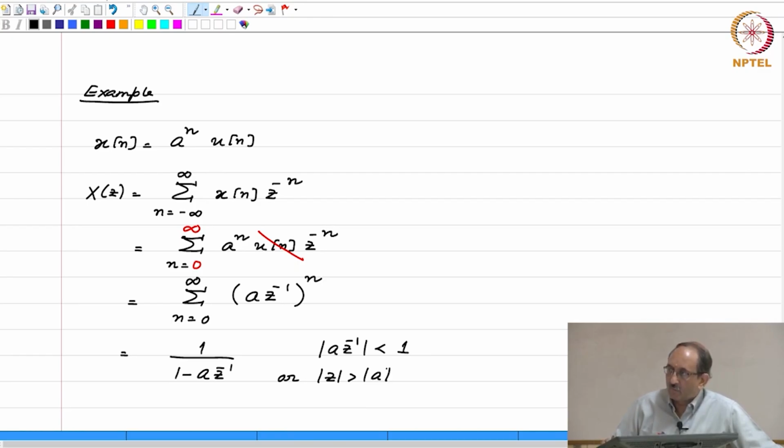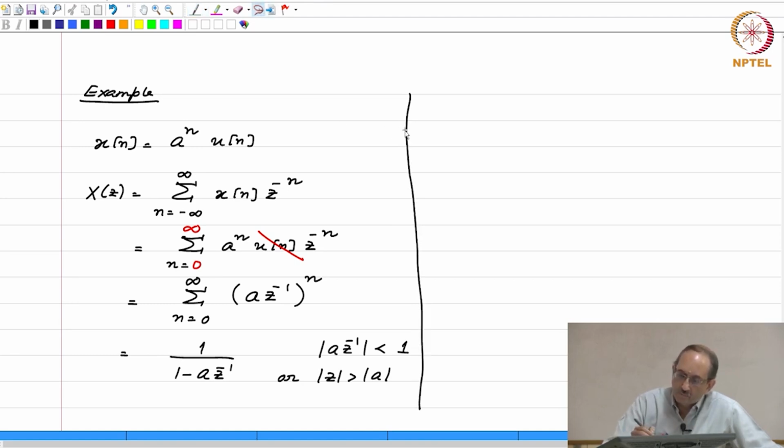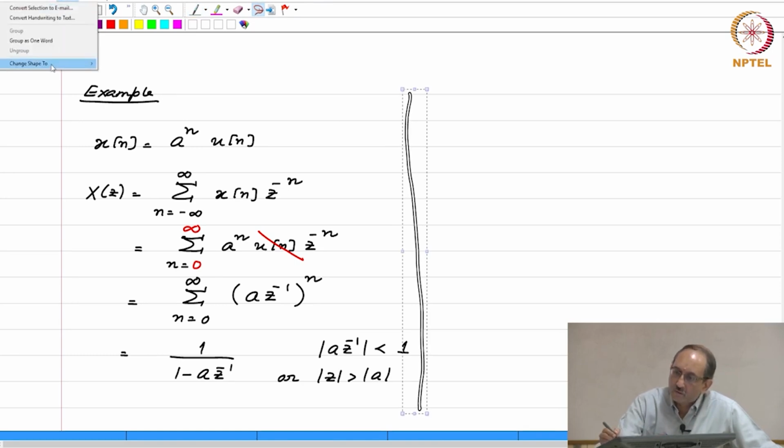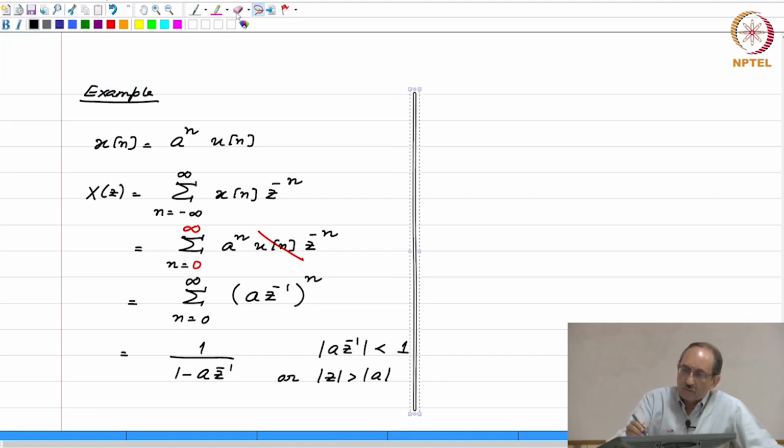So, here is an example of a simple geometric sequence, a to the n u of n, having this z transform. The only reason why this is the first example is because we really want the second example to be this.